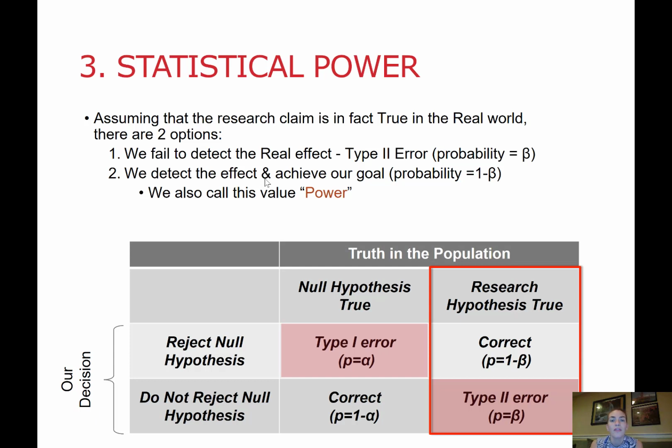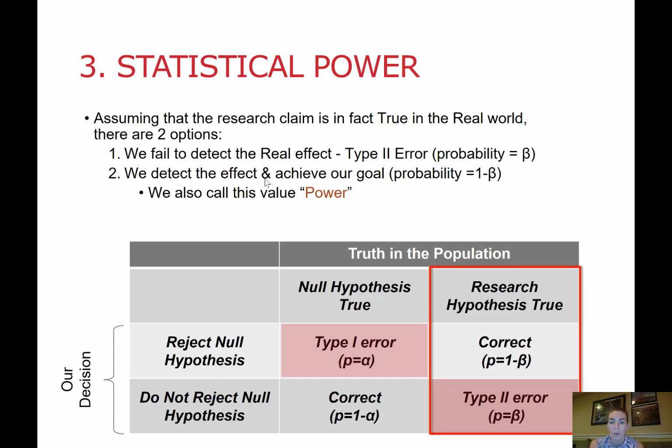So assuming that the research claim is in fact true in the real world, I just want to call attention to this red square or outline that you have in the grid. If the research hypothesis is true, then there are only 2 options in our study. We either reject the null hypothesis or we fail to reject the null hypothesis.